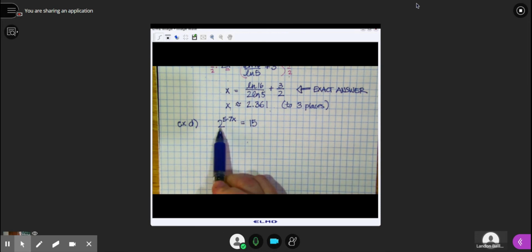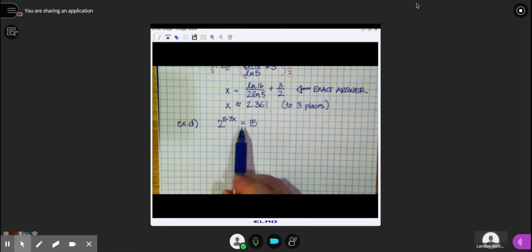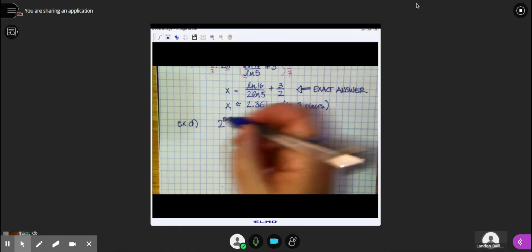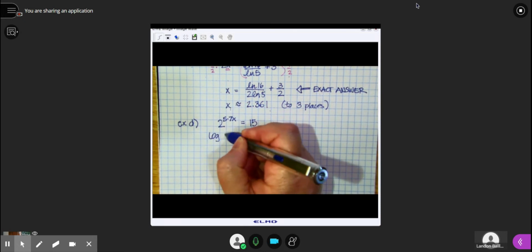Okay. Notice this has a base of 2. I cannot rewrite 15 as a base of 2. So I'm going to need to use either log base 10 or ln. I'm going to use log base 10 this time.